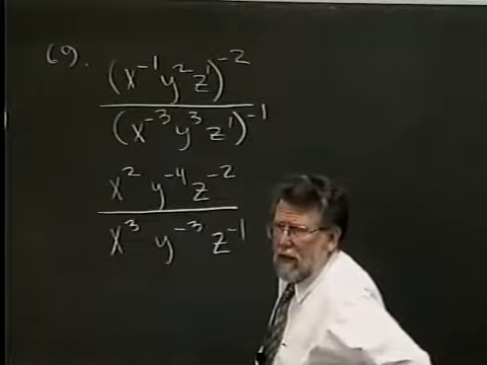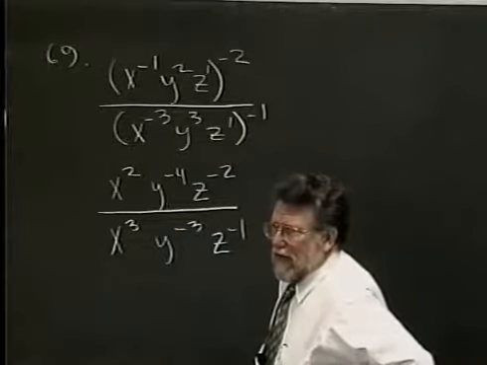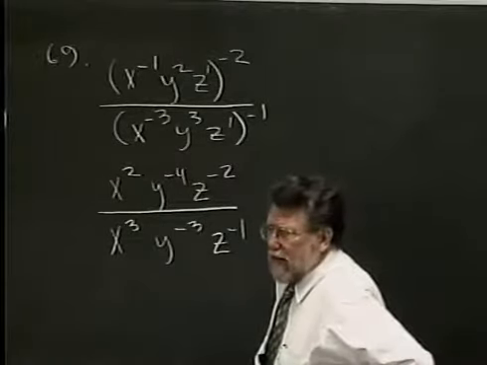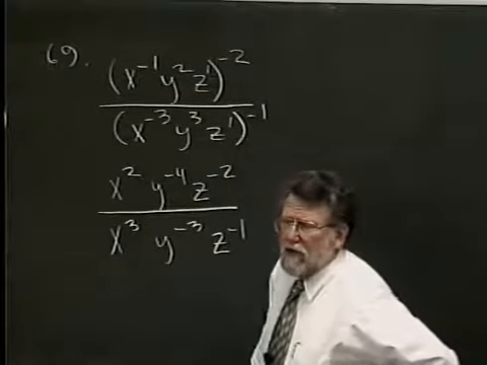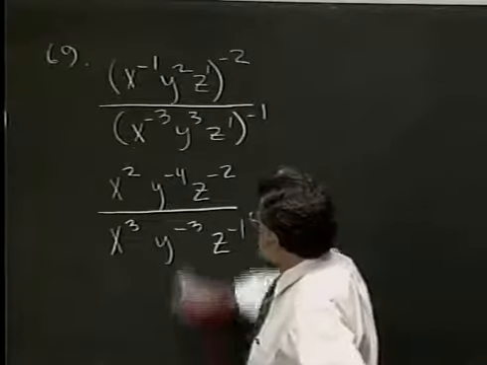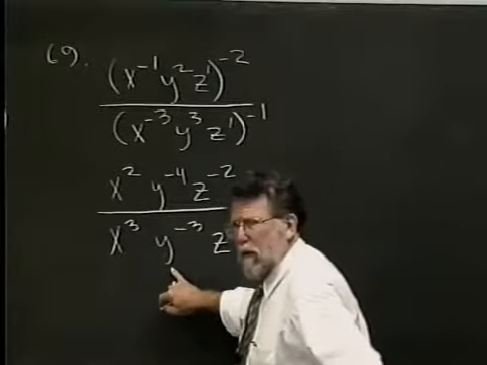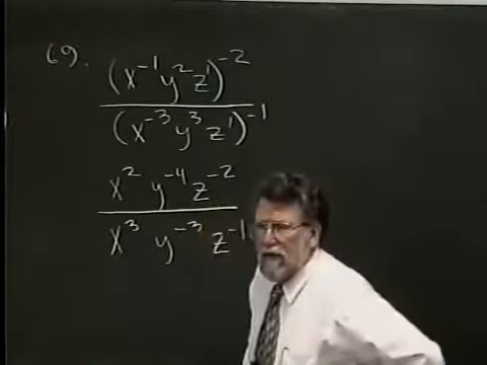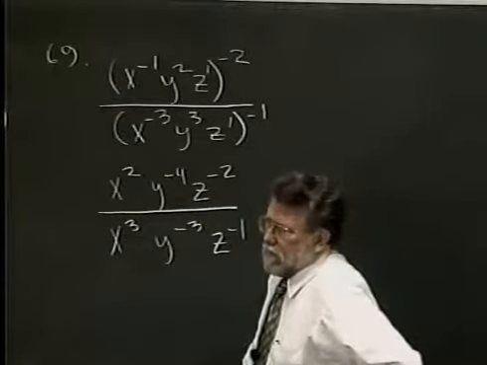Now that step allows you two choices here. My own tendency is just look for common bases and subtract exponents. But I know in the past I've had students who said, well, I'd rather rewrite that. They would rather take this y to the minus 4, drop it down here immediately to a y to the fourth, bring the y to the minus 3 up to the y to the third, and so on down the line, getting rid of every single negative exponent in the problem because negative exponents bugged them.